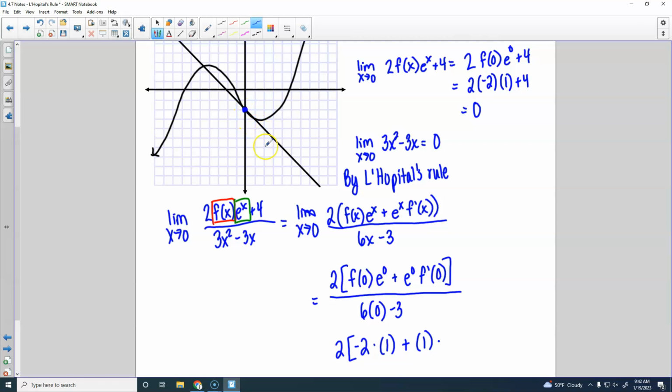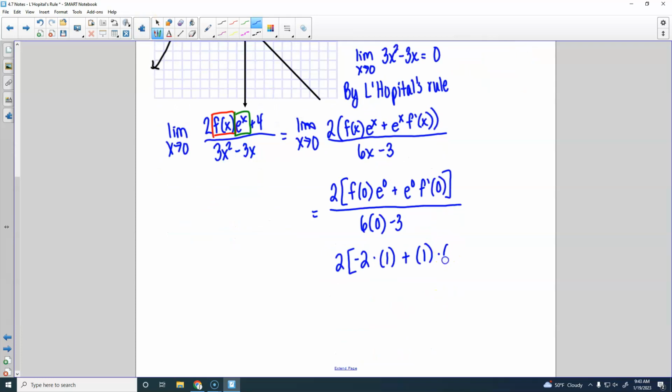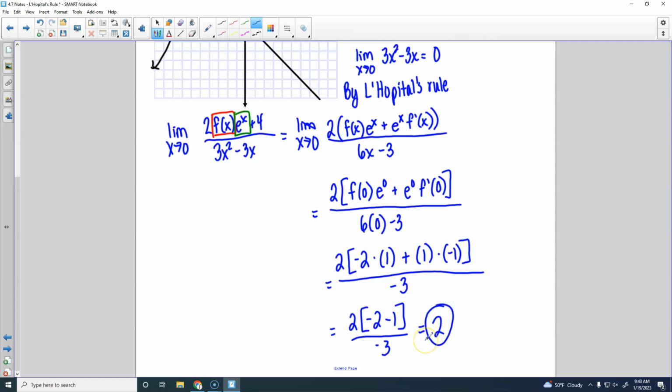Negative 1, because it's the slope of that tangent line that they gave you. And then in the bottom here, we're just getting negative 3. So we got negative 2 minus 1 over negative 3. So that is negative 3. We're going to end up with 2 there.